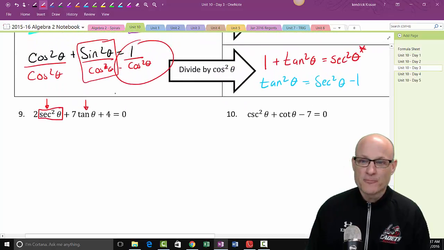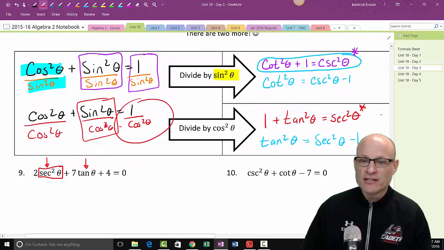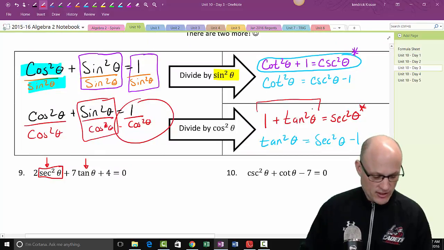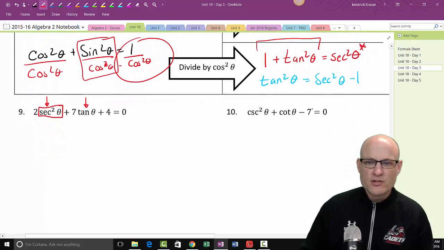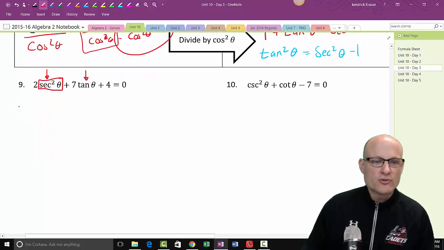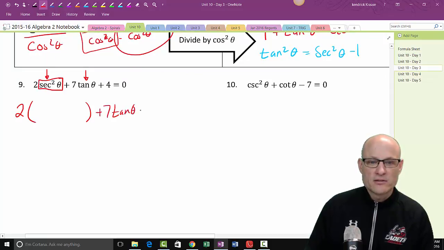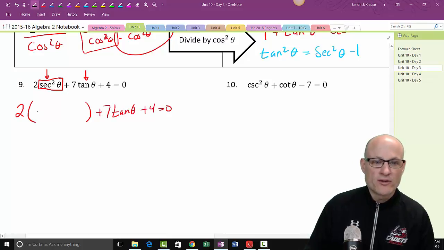Now if I come back up here, secant squared theta is equal to 1 plus tangent squared theta. So I'm going to replace that. 2 parentheses plus 7 tangent theta plus 4 equals 0. Now I'm going to replace it with 1 plus tangent squared theta.